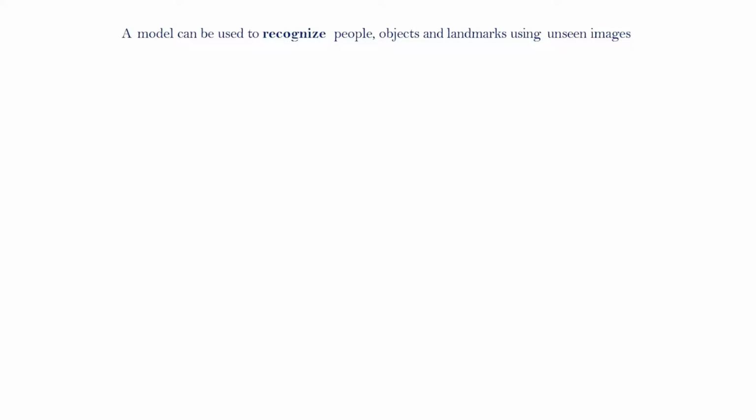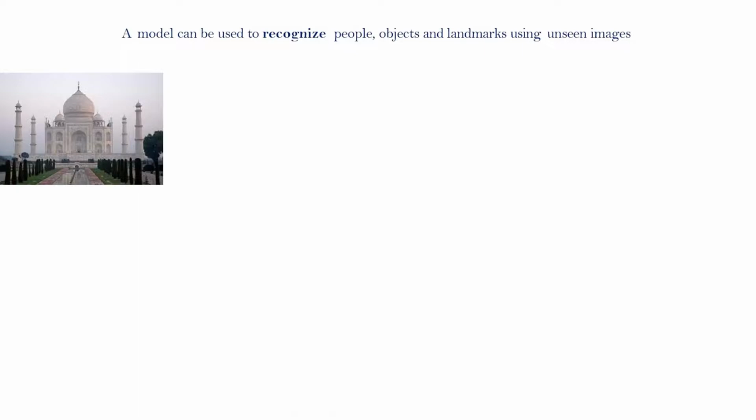Also, a model can be used to recognize people, objects, landmarks using unseen images. We are just continuing with the discussion of the ML model. So, let's take an example. What is this? This monument is the Taj Mahal. You know it is the Taj Mahal. But what if the person is coming from some other country and is not aware, but knows it is some famous monument?